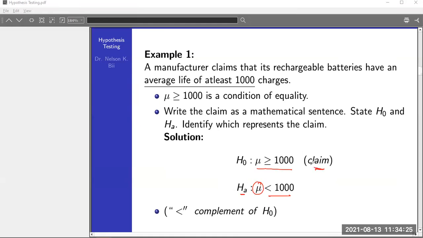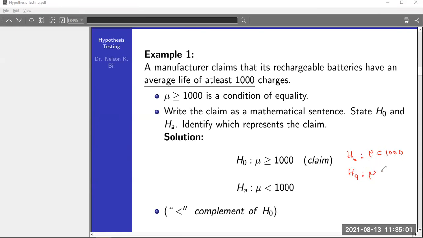That will open the basis for bargaining for the warranties and the prices and all that. That's in real life. What if it fails to last for 1,000? What will happen? So the alternative is a complement of the null. It's a complete opposite of the null hypothesis. So for instance, if we are saying H naught: mu is equal to 1,000, then what will be the alternative?